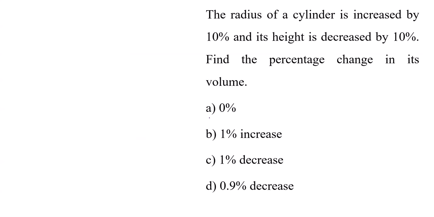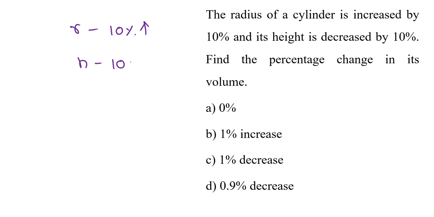And this is pretty much similar to the previous one. The radius of a cylinder is increased by 10% and its height decreased by 10%, then what is the percentage change in volume? They're asking about a cylinder. The cylinder's radius is increased by 10% and the height is decreased by 10%.